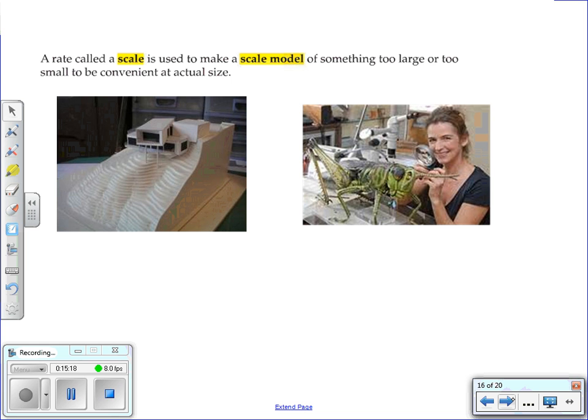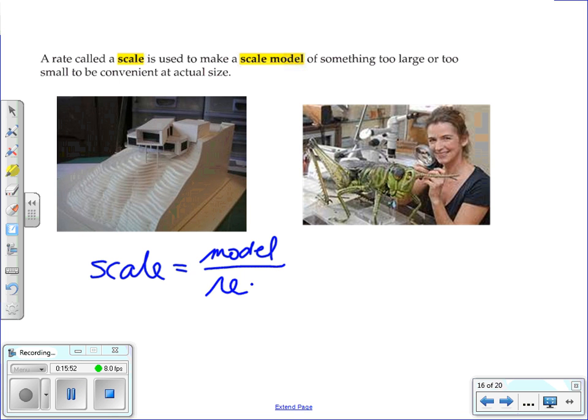Okay, a rate called a scale is used to make a scale model of something that's too large or too small to be a convenient size, to be the actual size. And you'll remember we did scale, right? When we did our buildings, we used a scale like 1 inch equals 50 feet of the real building, right? So scale always had to do with the model over the real thing.